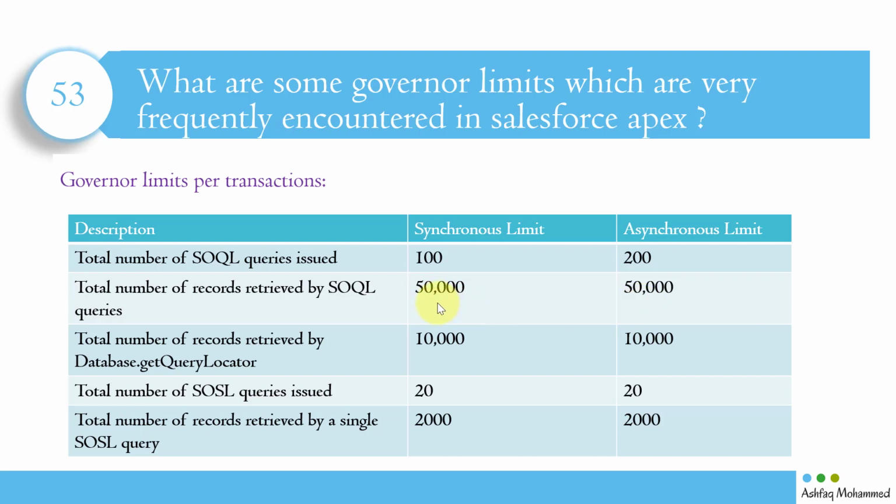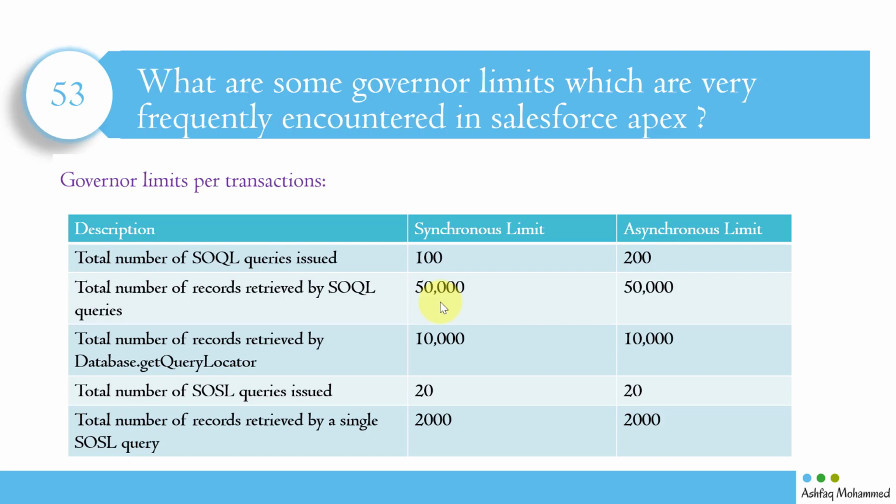You have to explain to him. What is the basic requirement? You should ask counter questions to the interviewer, like, what is the reason you need 70,000? Do you want to display those 70,000 records, or do you want to do some processing on those 70,000 records, or what exactly do you want to do?